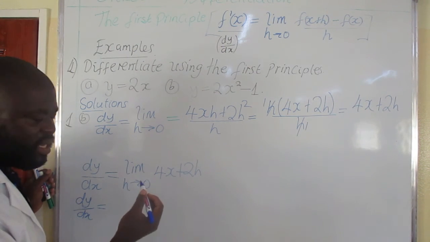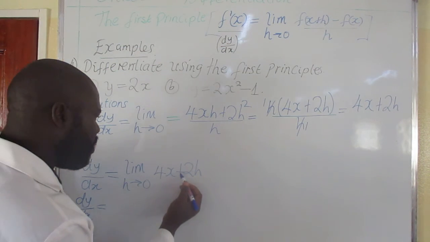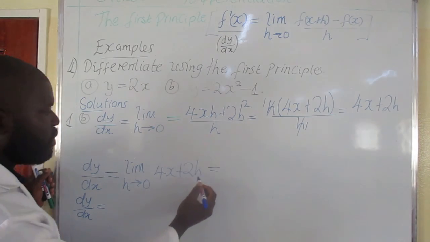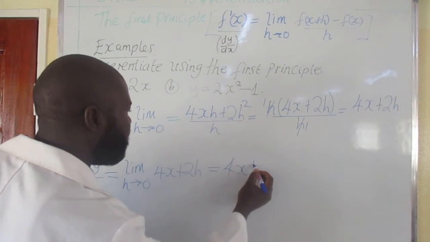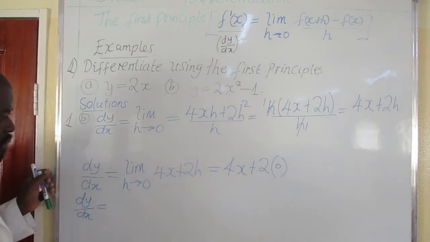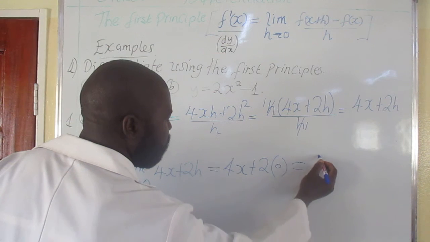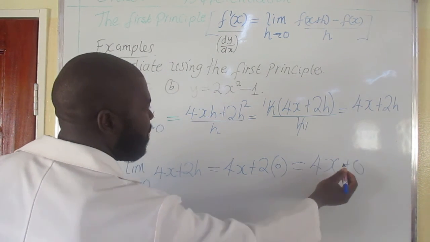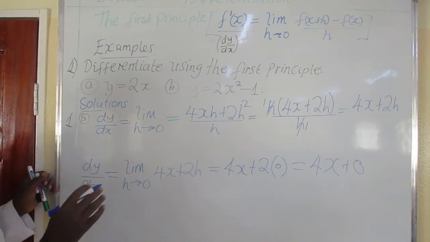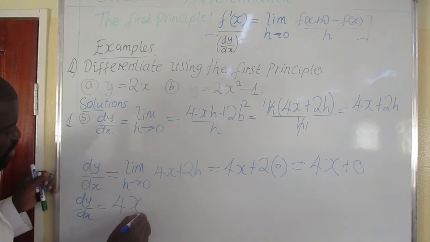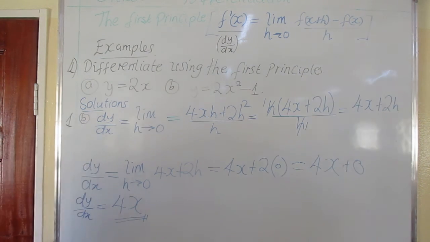So we shall do it by direct substitution, where we have h, we are going to put a 0. So you can see we have 4x plus 2h, we put a 0 here. So that we have 4x plus 0 as our final answer. So you can see dy/dx is basically 4x.